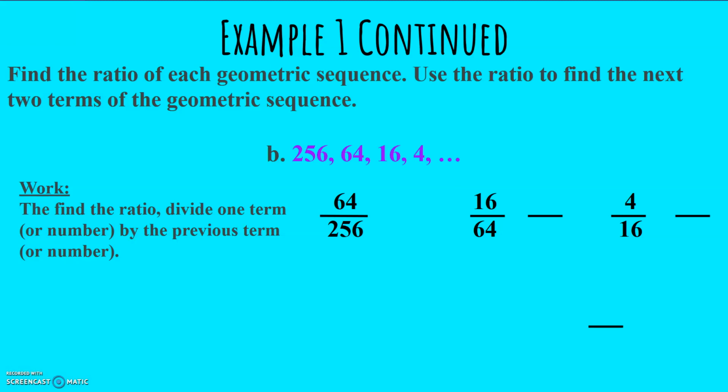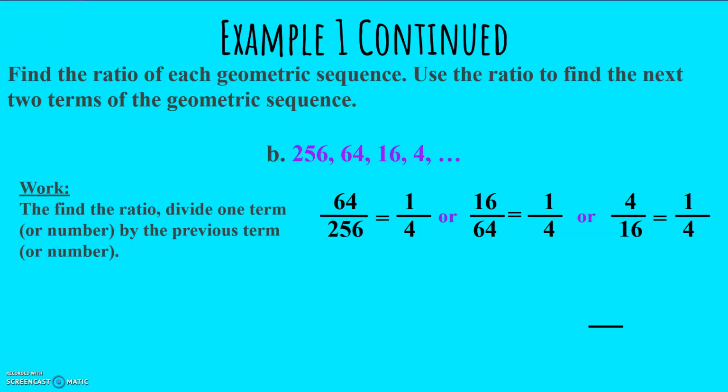Now we have a bunch of fractions. We know how to divide fractions like this. To divide 64 by 256, we can just simplify the fraction. In this case, we can divide and simplify all the way down to 1/4. If you don't remember how to simplify a fraction, simply find a common factor and divide both top and bottom by that common factor.